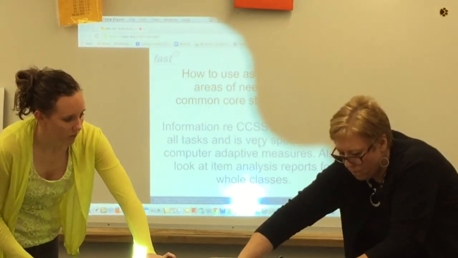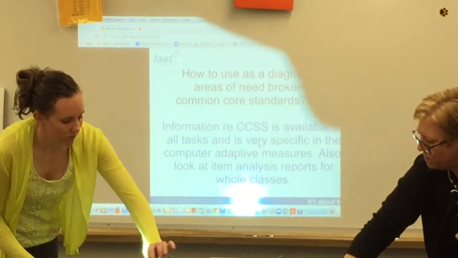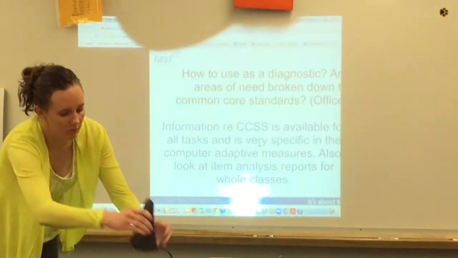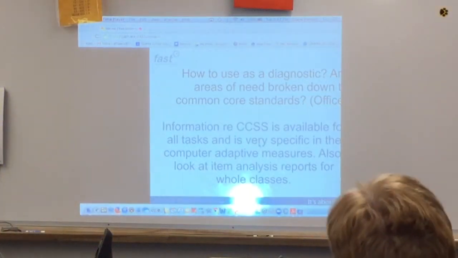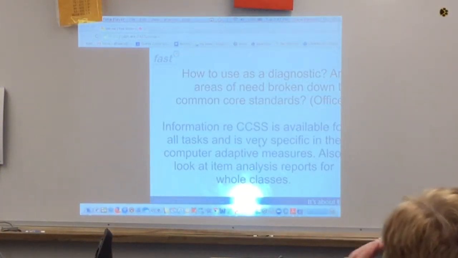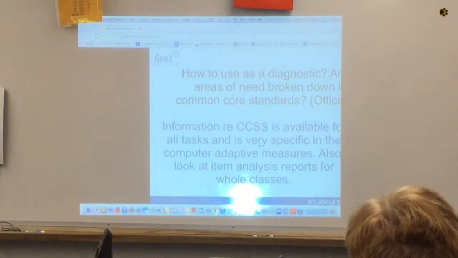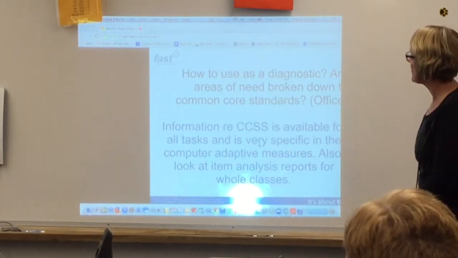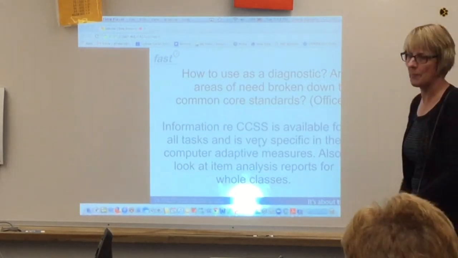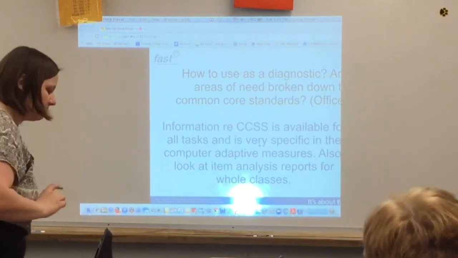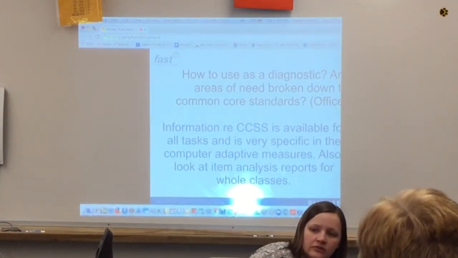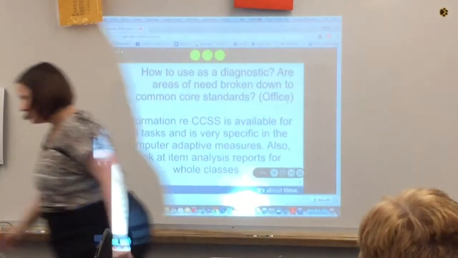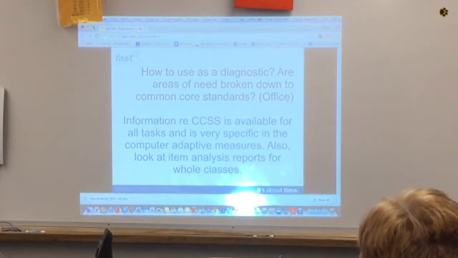So information regarding the Common Core state standards is really available for all tasks, and I can get more information like that to you. It's very specific in the computer adaptive measure, which I think you're using, AMAP, because that entire assessment was developed with Common Core state standards in mind.